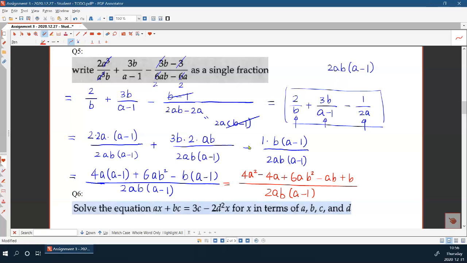Okay, but I think it's okay to leave it like this. Both of them are okay. All right. Any questions?